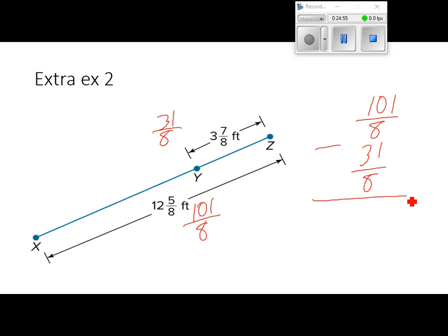On your calculators, the way you're going to punch that in, so that it gives you a fraction answer back, you're going to put it in parentheses. So you put in parenthesis 101 divided by 8, close the parenthesis, minus, parenthesis 31 divided by 8, close the parenthesis.